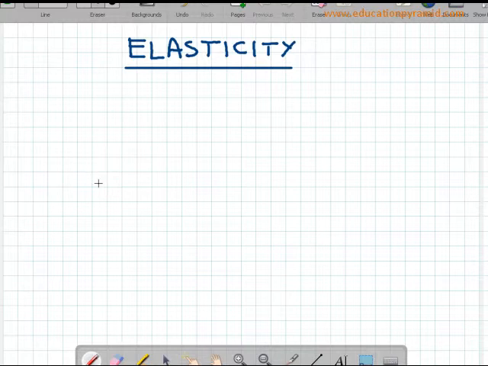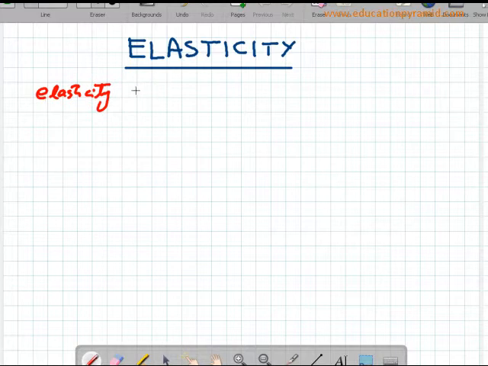Business managers, governments, economists, they want to know how much quantity demanded will change with the change in price, or how much quantity supplied will change. So before we answer these questions, let us define the term elasticity.